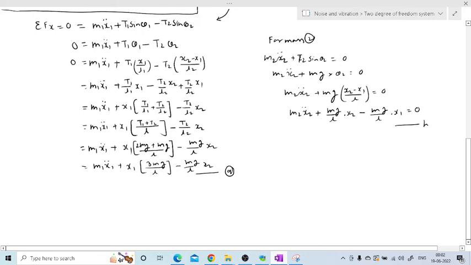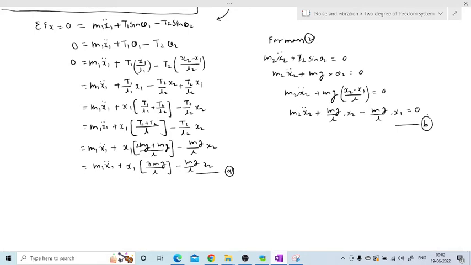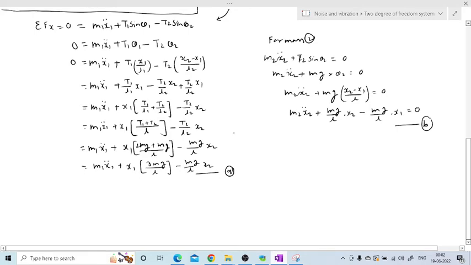So this will be the equation number B. So I have written the two equations. Because of the addition of T1 and T2, 2 mg plus mg becomes 3 mg by L, and mg x2.